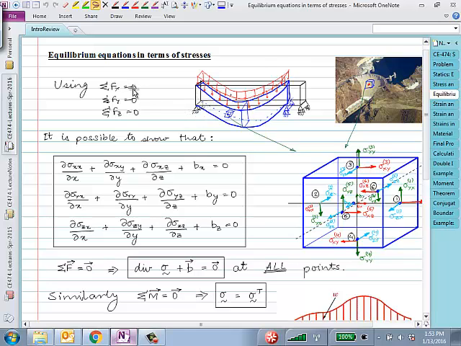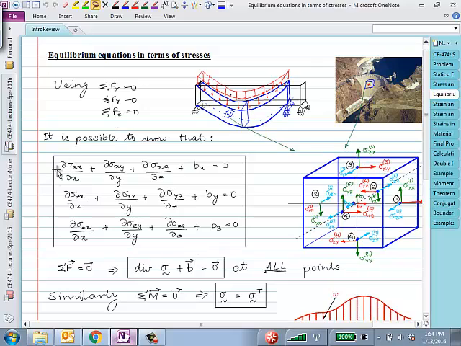If I take any complicated structure, it could be a building, bridge, dam, a chair, a table, and take a very small piece of that body that looks like this cube, and shrink that cube down to the limit where each of the sides tends to 0, then we can show that simple equations like sum of forces equal to 0 in x, y, and z end up being these differential equations, written in terms of these stress components.